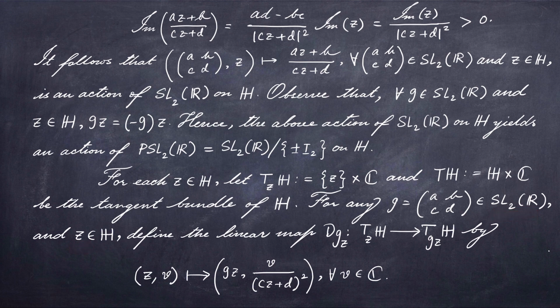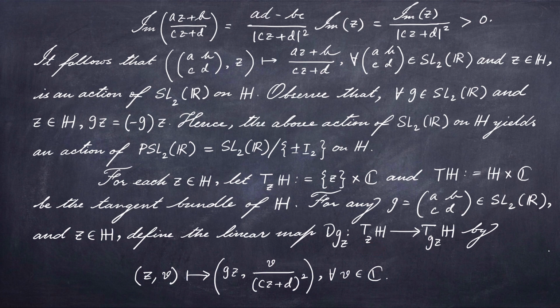we are going to have a linear map from the tangent space of the upper half plane at the point Z to the tangent space of the upper half plane at the point GZ. I repeat, so try to understand that for any G and Z, we define a linear map from the tangent space at Z to the tangent space at GZ.